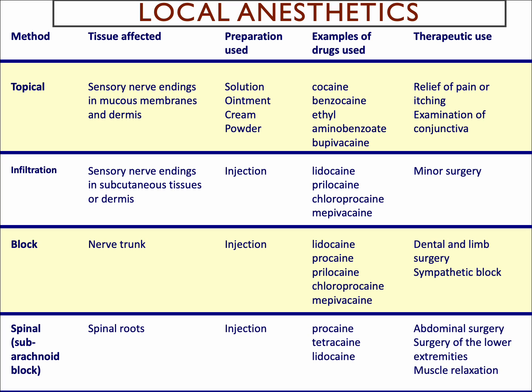The agents we'll see used in the critical care and hospital setting, most often by anesthesiologists, include bupivacaine, lidocaine, sometimes procaine, prilocaine, and tetracaine. Each of these agents is used depending on the site and the route of administration.